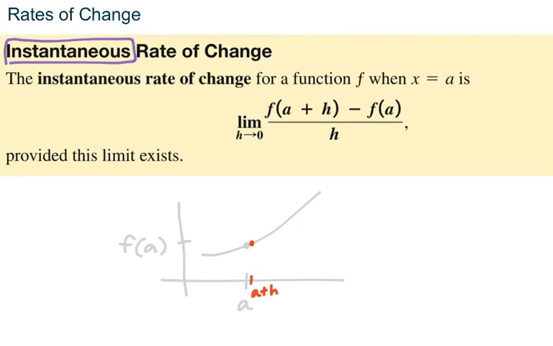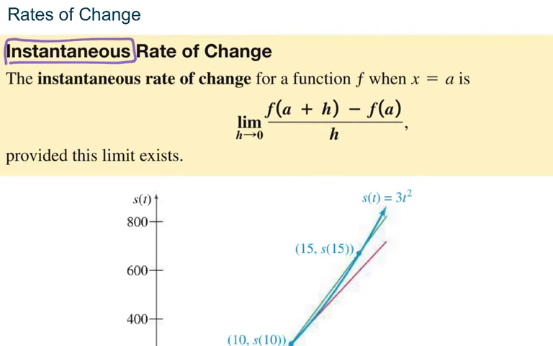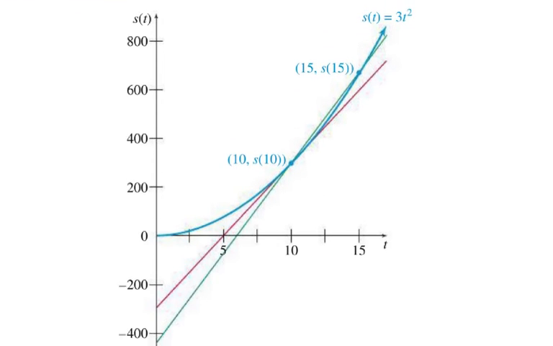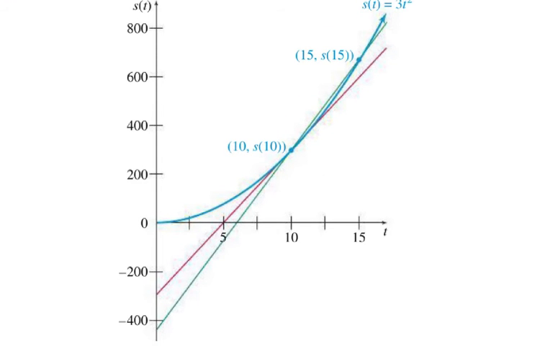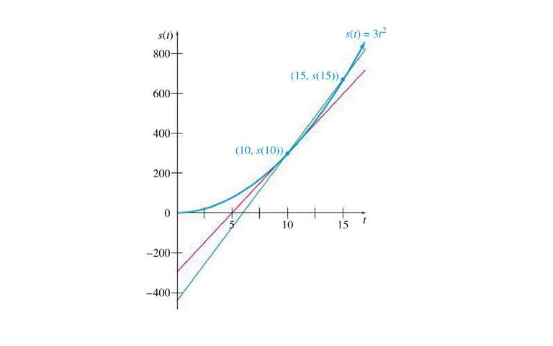The problem is if we tried to plug 0 into our slope function, we'd have an issue because we can't divide by 0. So we use this idea of a limit. So that's why we had to talk about limits, so that we can use the limit in our instantaneous rate of change formula. And so pulling in another picture to just really help us illustrate what we're looking at here.